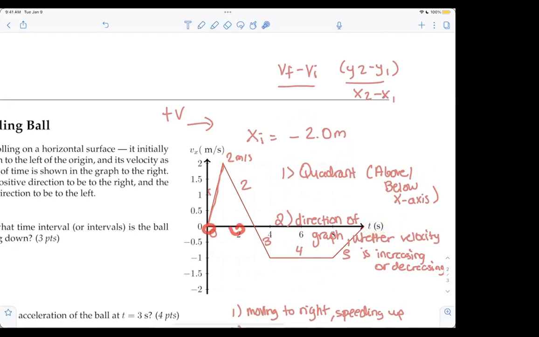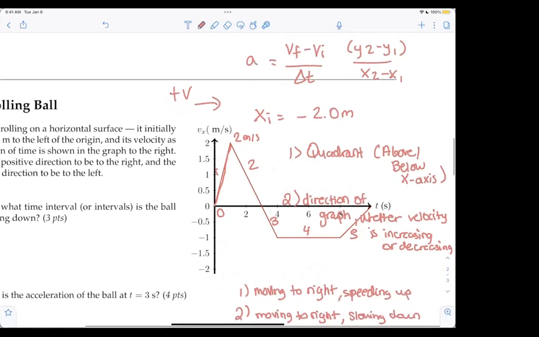So 2 seconds, 0 seconds, so it's over delta t. Now if you remember, this is literally just the definition of acceleration. Acceleration is equal to the change in velocity over the change in time. So if I take the slope of my velocity graph, it's going to give me my acceleration.